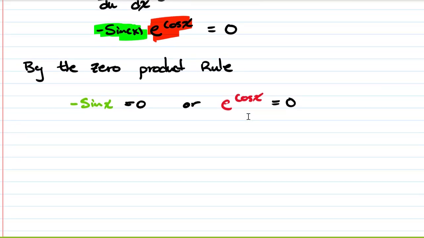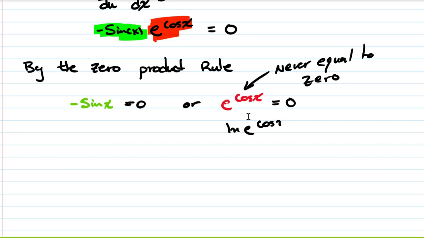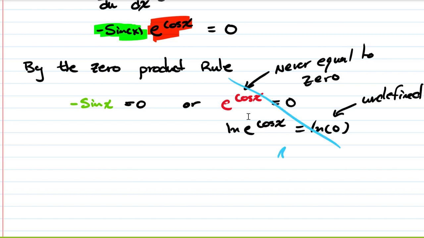Then to solve each of these, we know that the exponential is never equal to 0. We see that because if we tried to take the logarithm of both sides, the logarithm of 0 is undefined. So that one has no solutions.